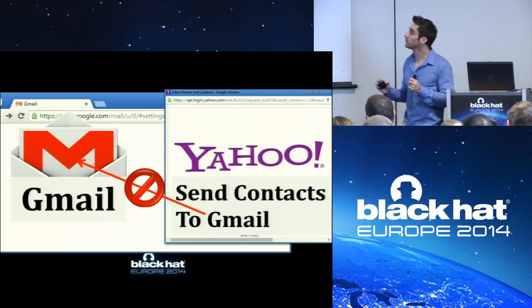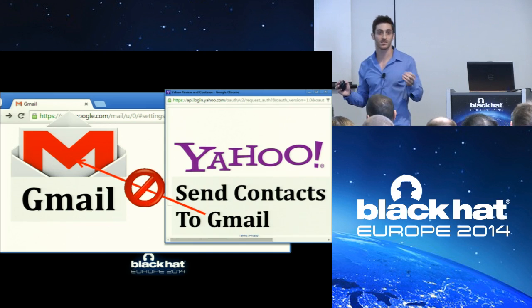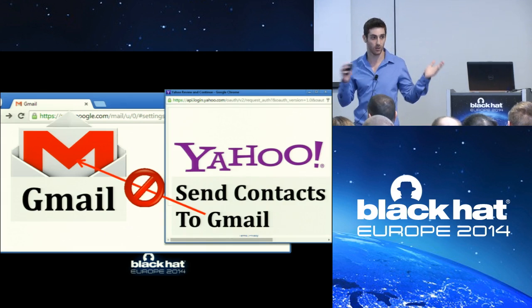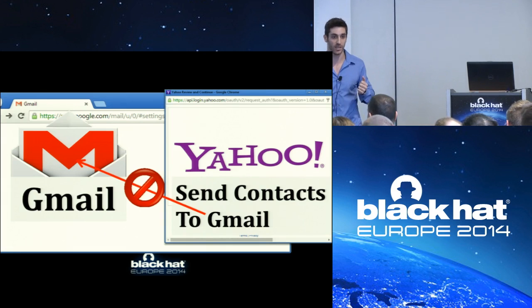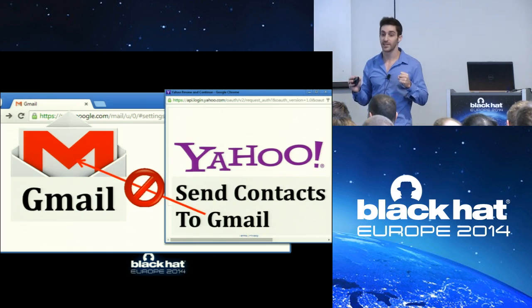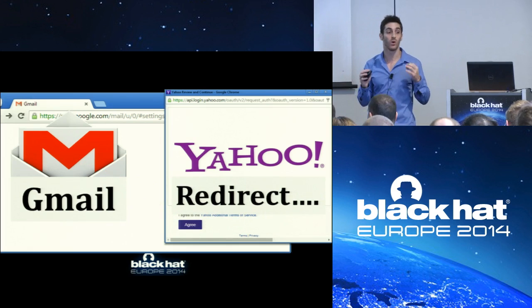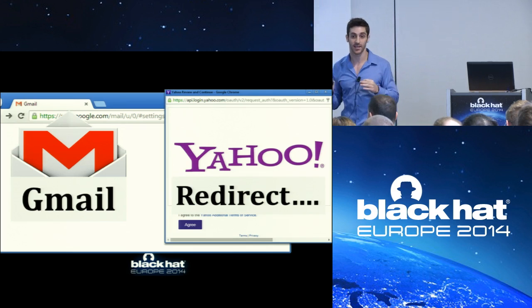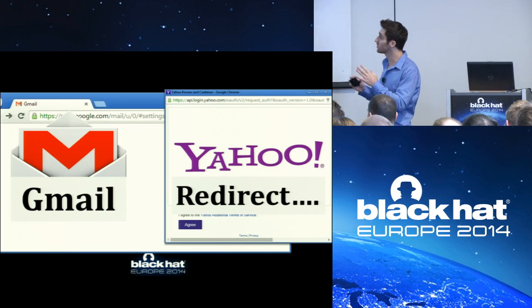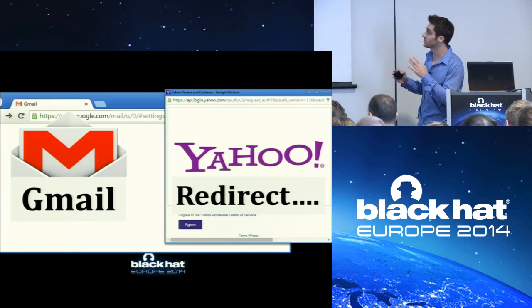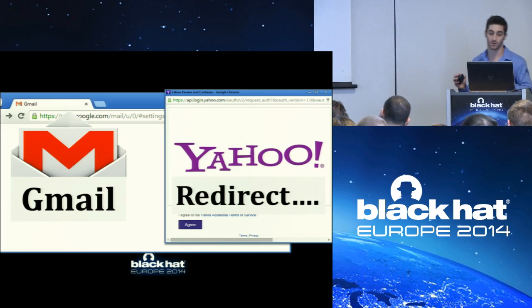But same origin policy will not allow such a thing because it's different domains, right? Yahoo and Gmail are different domains. So Gmail will need to make a special page and allow Yahoo to redirect itself to that page with the contact list data. And don't mind this example really much because this is just how to find this vulnerability.